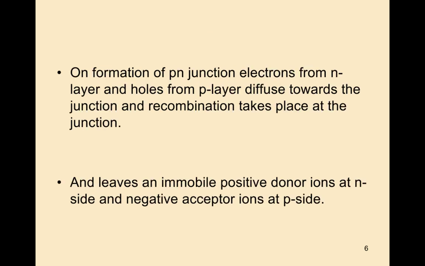On formation of a p-n junction, electrons from the n layer and holes from the p layer diffuse towards the junction, and recombination takes place at the junction.